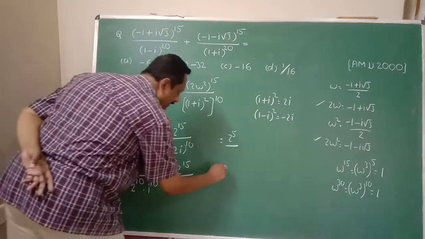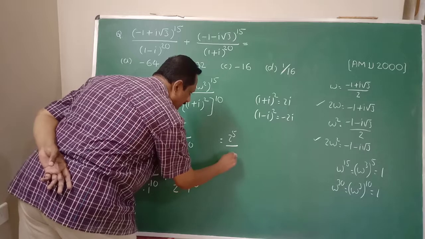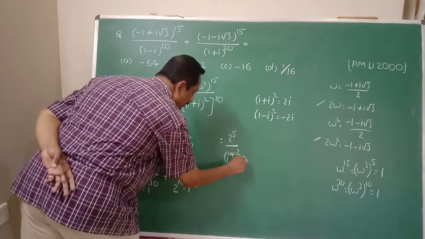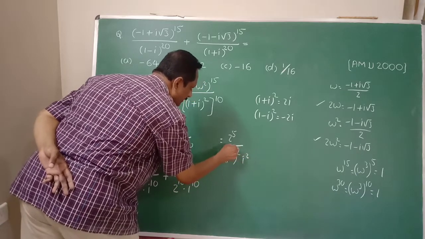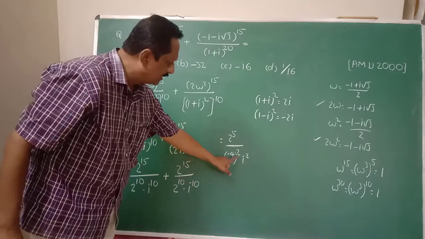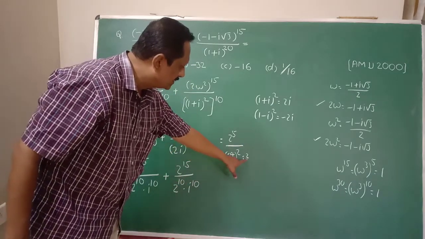i raised to 10 can be written as i raised to 4, whole raised to 2, into i square, since 4 twos are 8 and 8 plus 2 becomes 10.